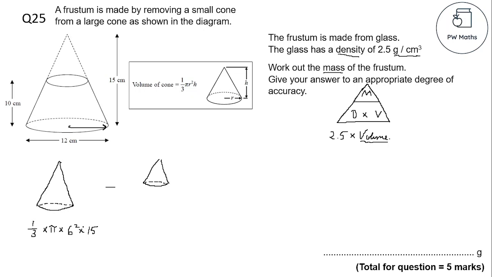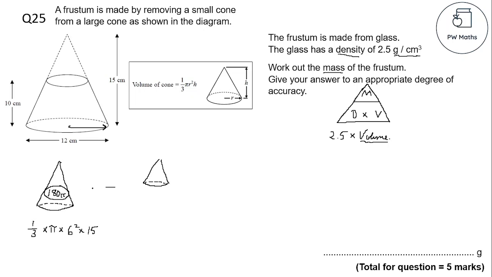I'll start tapping that into the calculator: 1/3 times pi times 6 squared times 15. The calculator says 180 pi. I'm going to leave it as 180 pi.